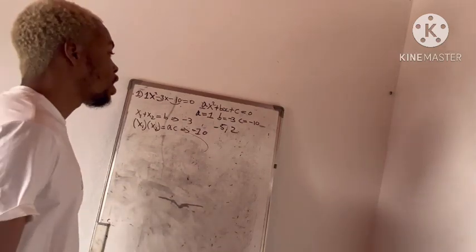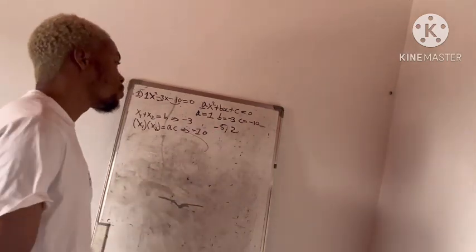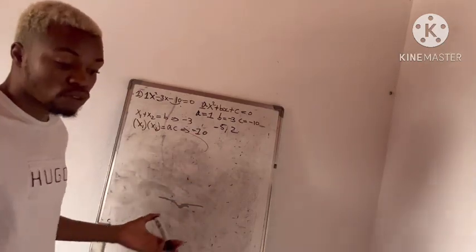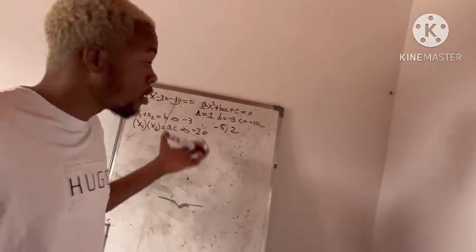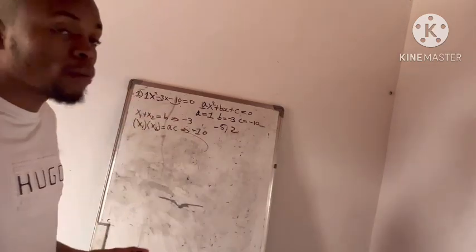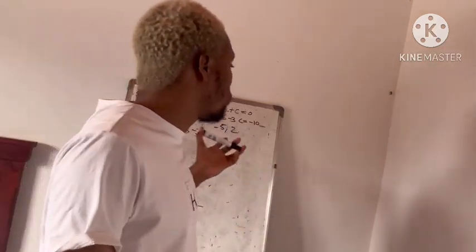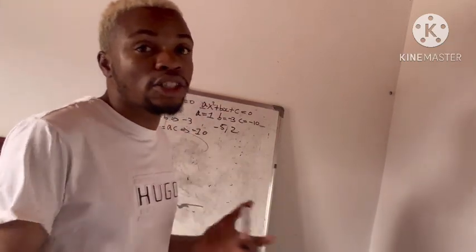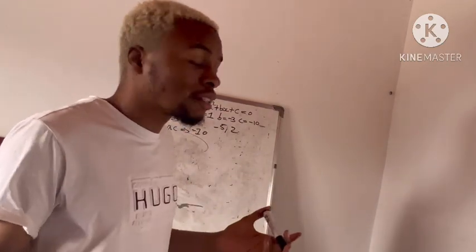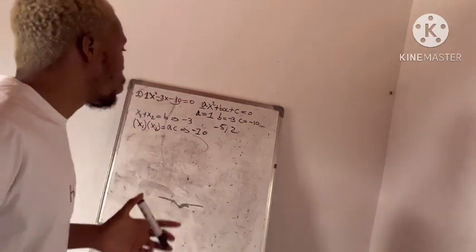As well as you can't say negative 2 and 5, because negative 2 times 5 gives you minus 10, which is okay for AC. But what about B? Minus 2 plus 5 gives you 3, which is not minus 3. So that's an issue. You get it right? So we can't do that.